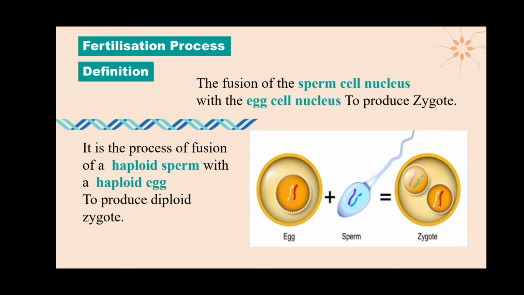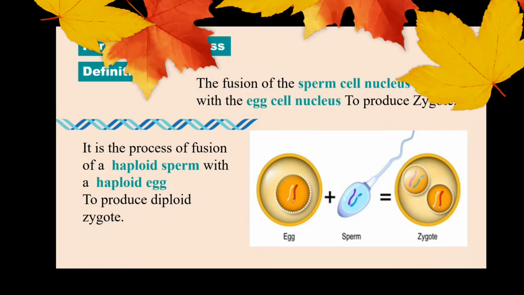Dear student, the process of fertilization is not merely a fusion of gametes. It also activates the egg, triggering the beginning of embryonic development. Isn't the process of fertilization a vital process? This is all about the fertilization process.